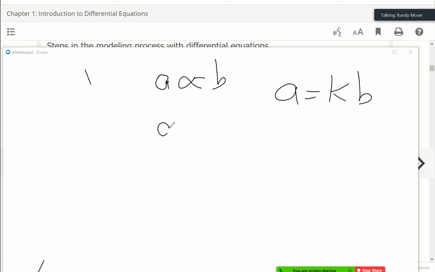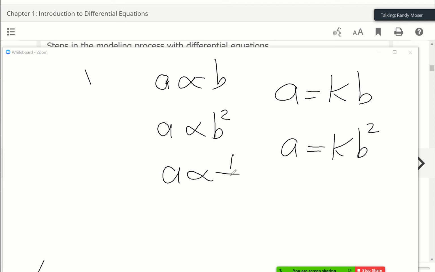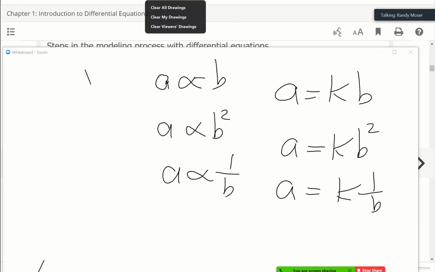We could say that A is proportional to the square of B, in which case we could write A as some constant times B squared. A lot of times you'll see things are inversely proportional. So if A was inversely proportional to B, then A would be equal to some constant times 1 over B.